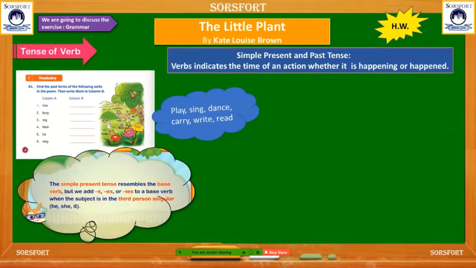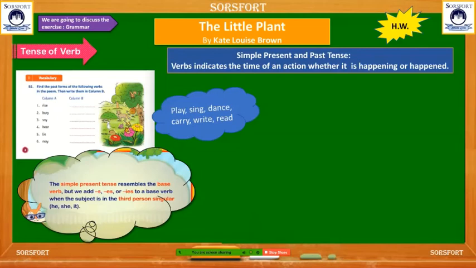The simple present tense looks like the base verb. What is base verb? Like play, sing, dance, carry, write, read. These are base verbs. So in simple present tense, we will add only s or es or ies when it is third person singular number. Who are third person singular number?